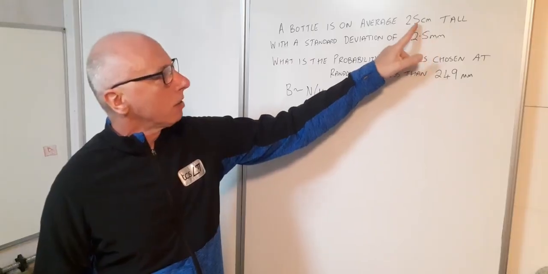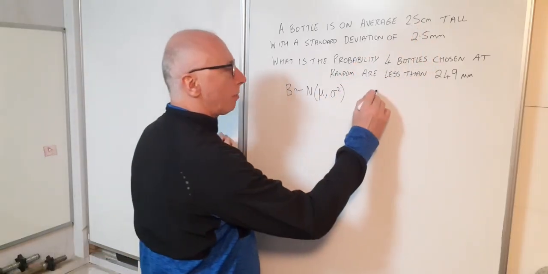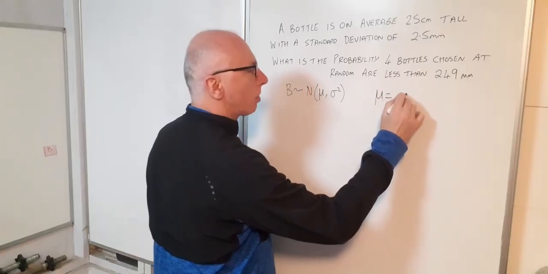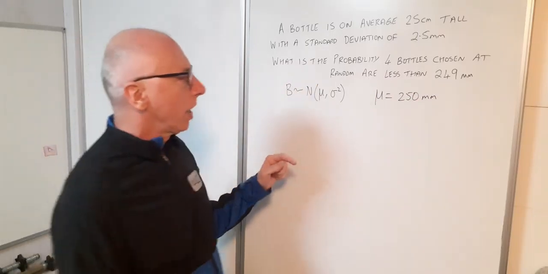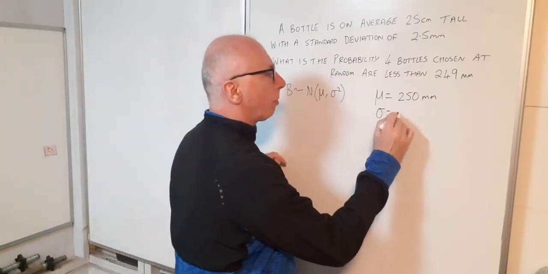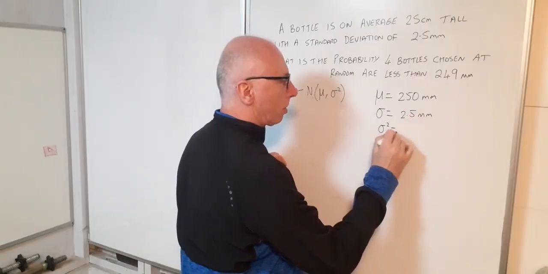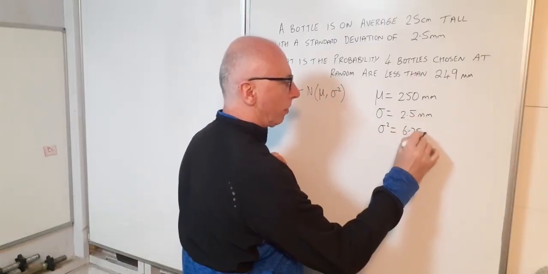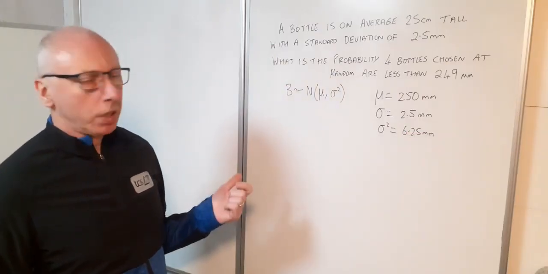So it makes sense to transform everything into millimetres. So here I would have my mean as 250 millimetres and my standard deviation will be 2.5 millimetres, or my variance will be 6.25 millimetres. So that would be what we've got to do there.